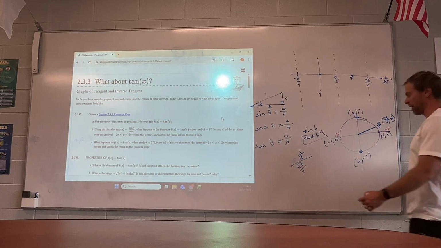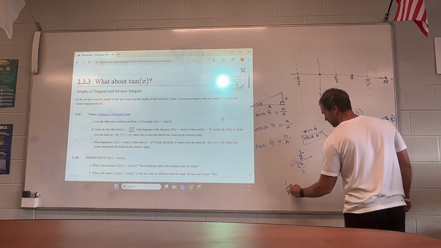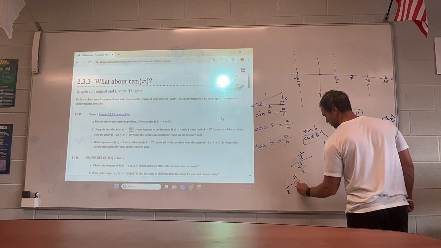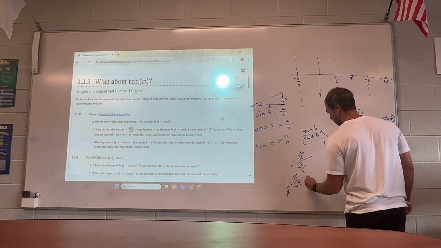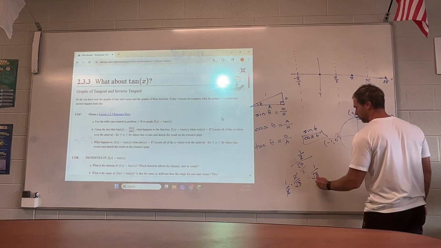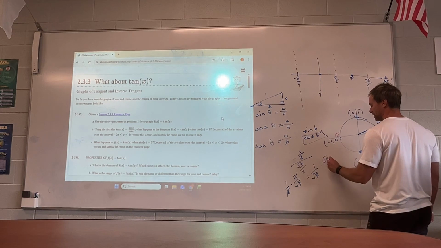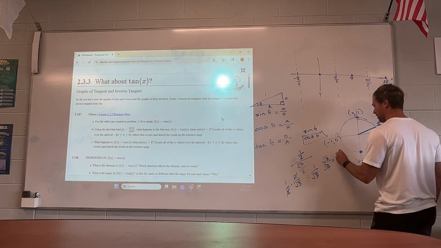Our rule for dividing fractions is multiply by the inverse. Our 2's are going to reduce. We're going to have 1 over the square root of 3, and if we rationalize this, we're going to get the square root of 3 over 3.